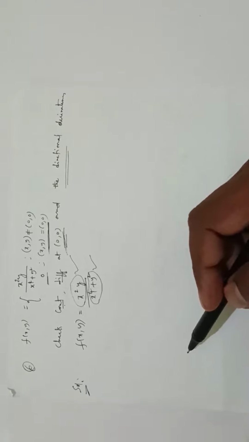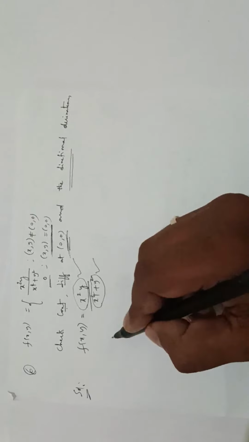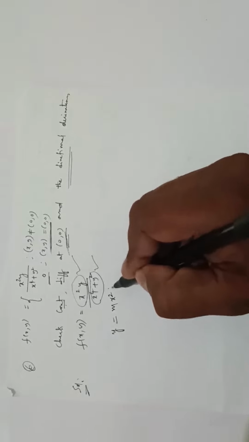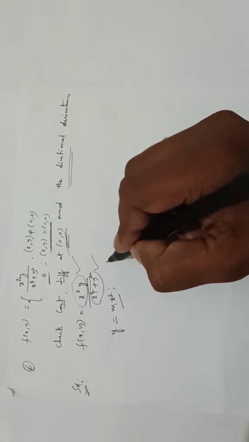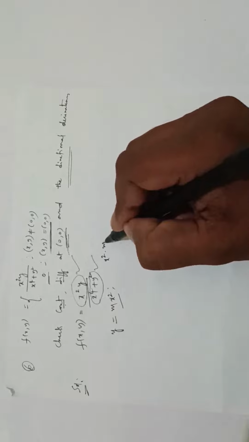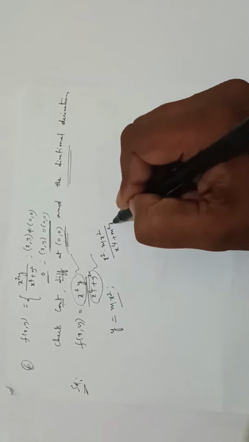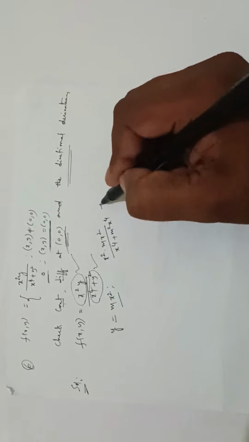So if we find, here, if y is equal to mx square, I will have x square into mx square over x to the power 4 into m square x to the power 4.